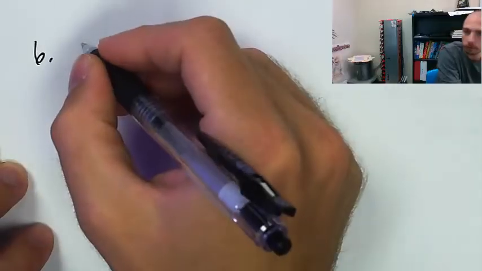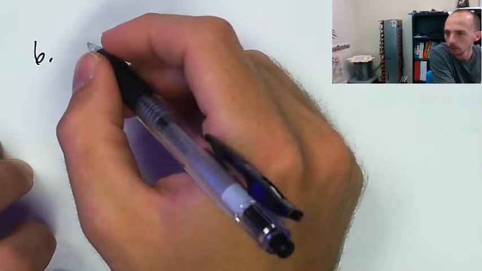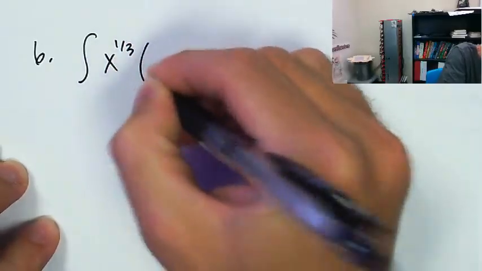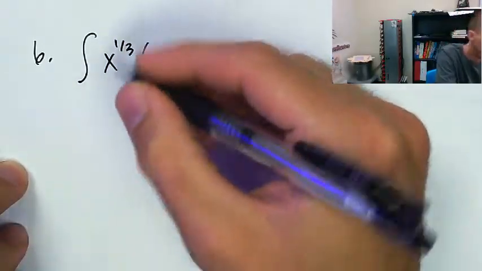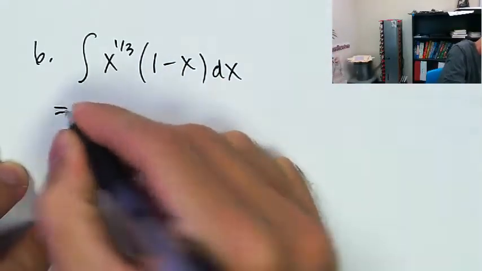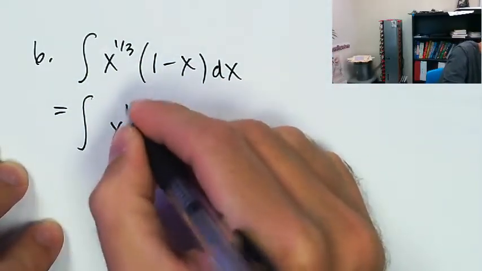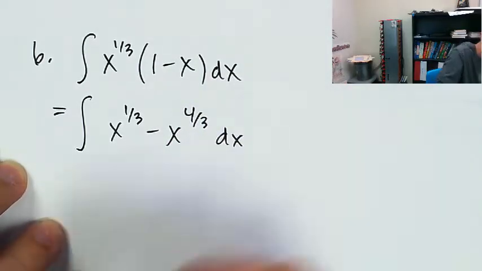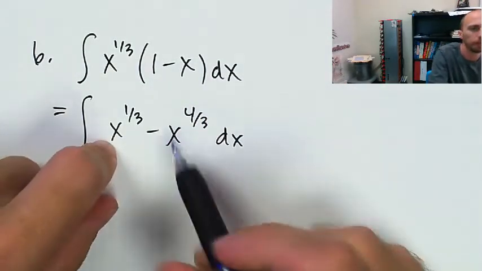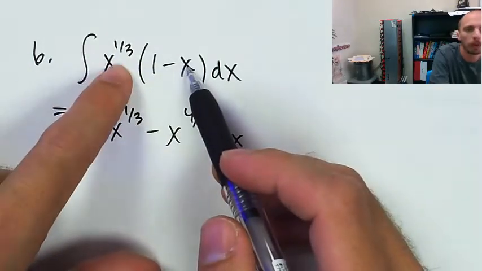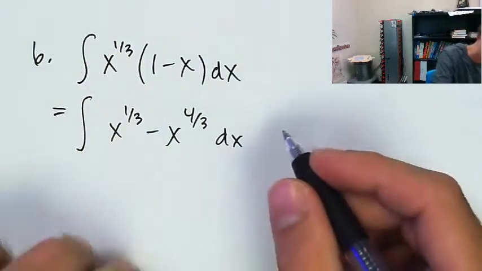Number 6, we're going to distribute in a third root of x, so that's x to the 1/3 power, onto 1 and negative x. Okay, so this is going to be x to the 1/3 minus x to the 4/3. Because 1 times x to the 1/3 is x to the 1/3, and then if I add in one more power, it's like adding 3/3 to the power.